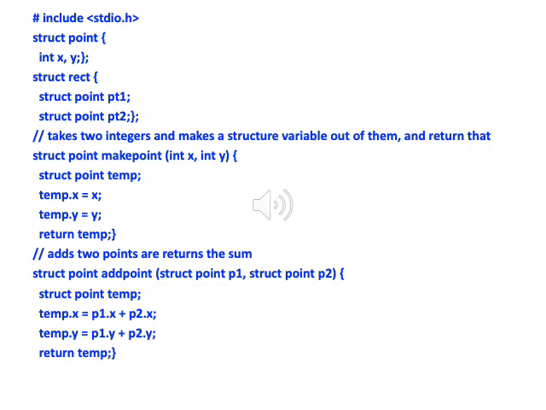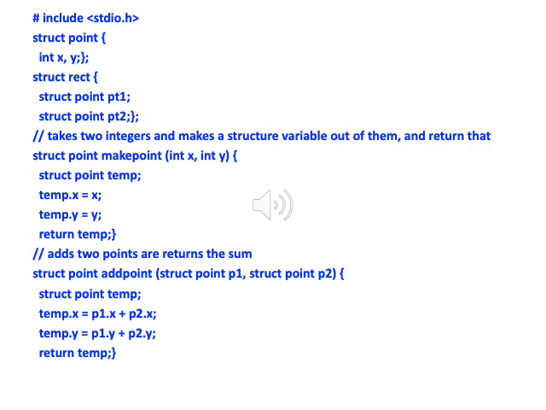So what is happening inside the function now? We declare a temp variable, which again is a structure variable of point, so we use struct point temp. Because temp is essentially a point, it will have both an x and y component, so we need to assign values to both of these.